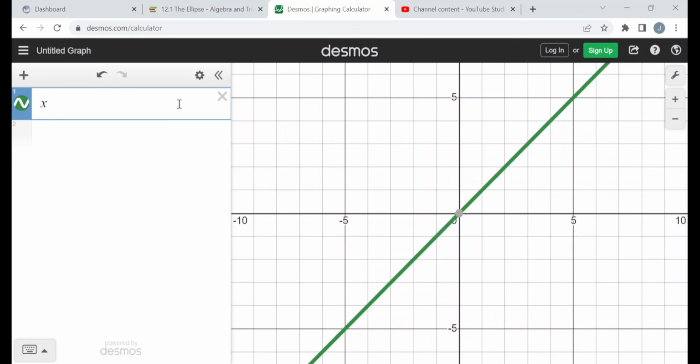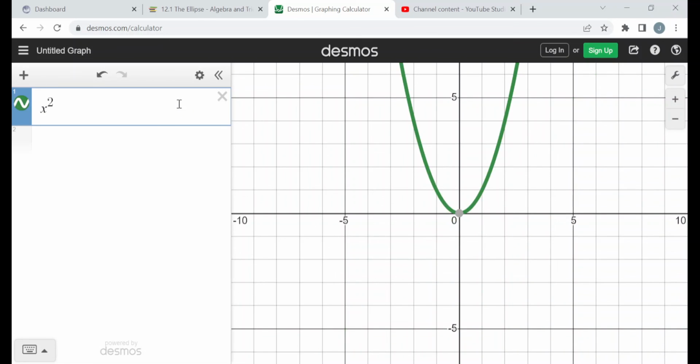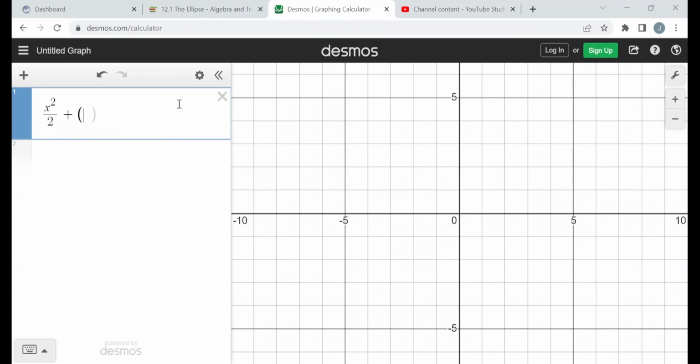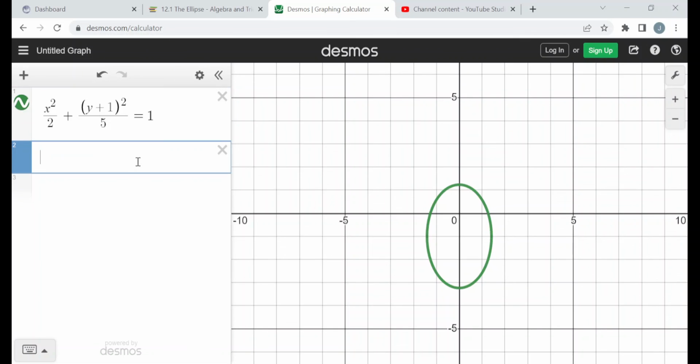So the equation was x squared divided by 2 plus the quantity y plus 1 squared divided by 5 equals 1. Right? There's an ellipse. Center is at 0, negative 1. Right? Hopefully that's clear.